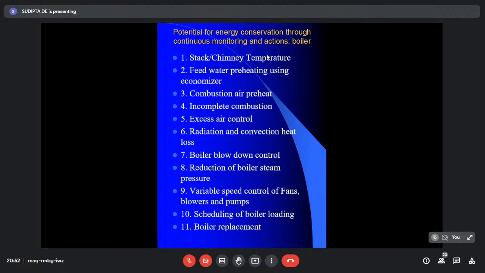Full stop. Hence, monitoring air preheat is an important parameter.